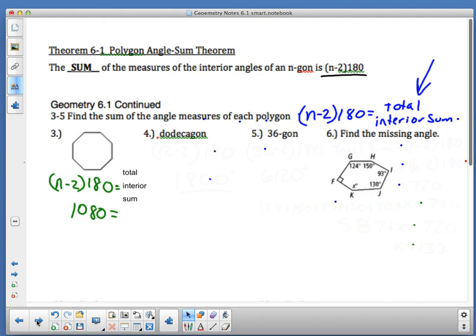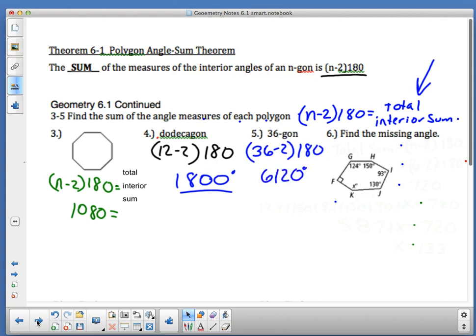Now, 12 minus 2 times 180 is 1800. 36 minus 2 is 34 times 180. Okay, was it 6,120 or something like that? Okay, so we got those going on, but now we know the total.